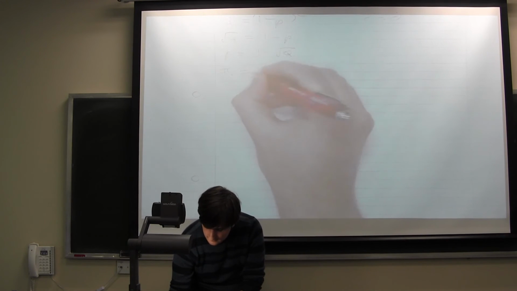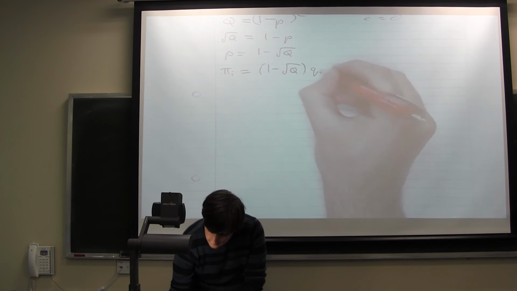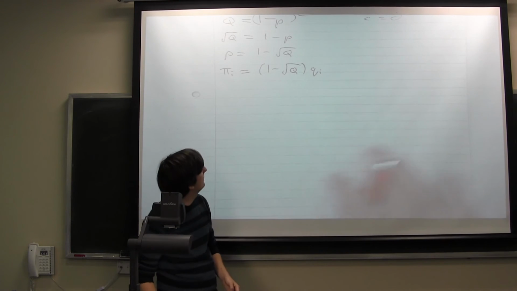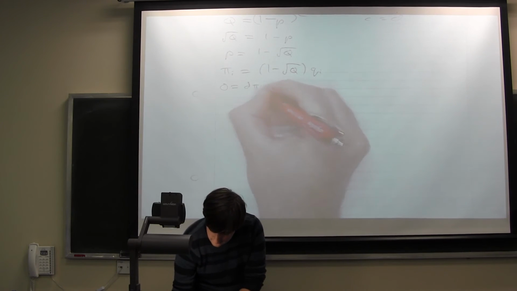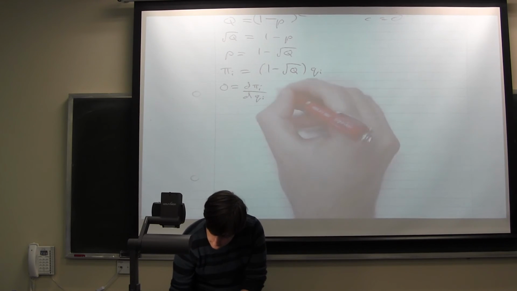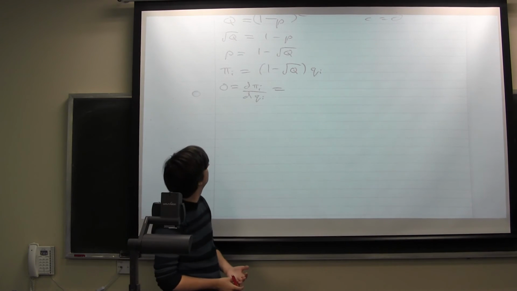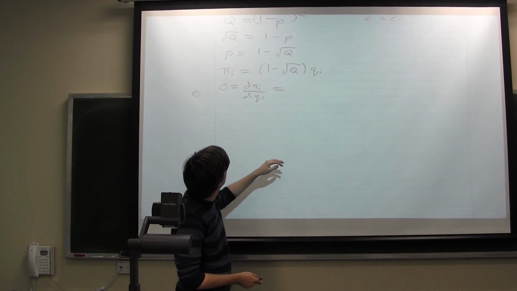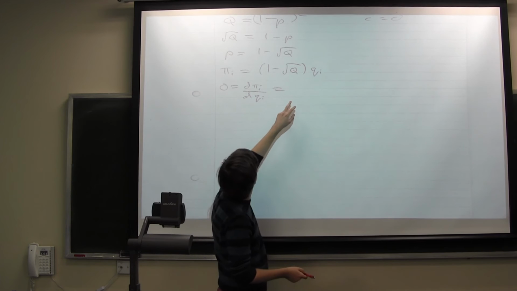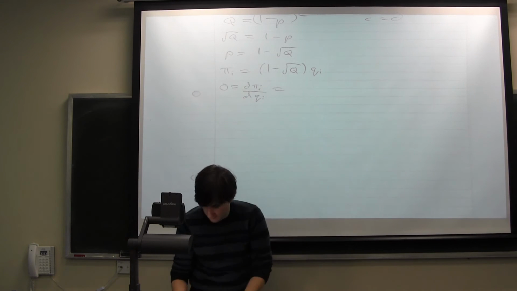Then profits are price times quantity minus total cost, but total cost is 0. Okay, first order condition again. Yeah, so again you're going to use the product rule on this thing.